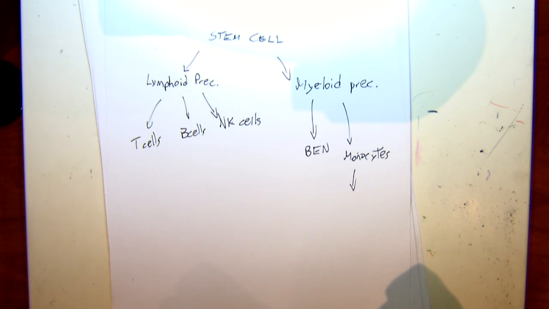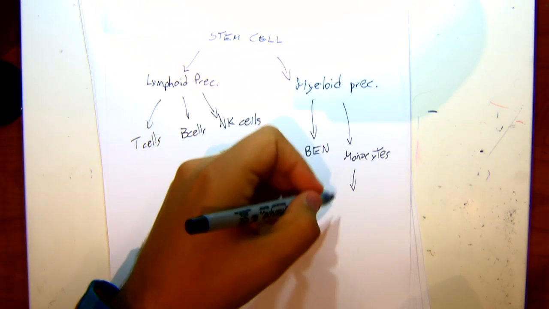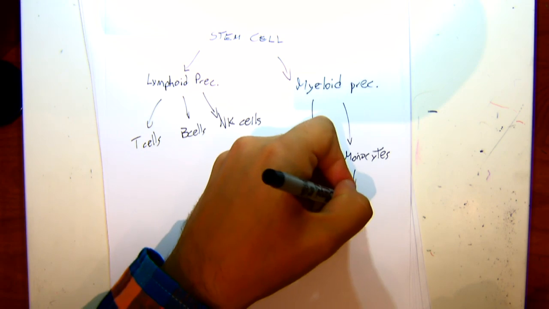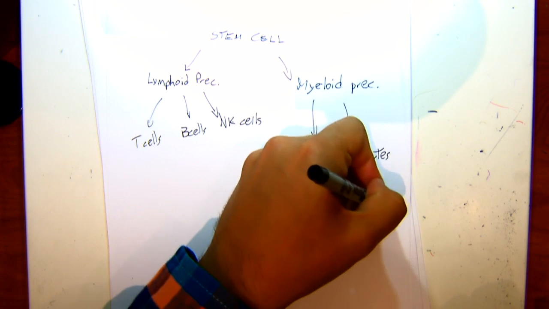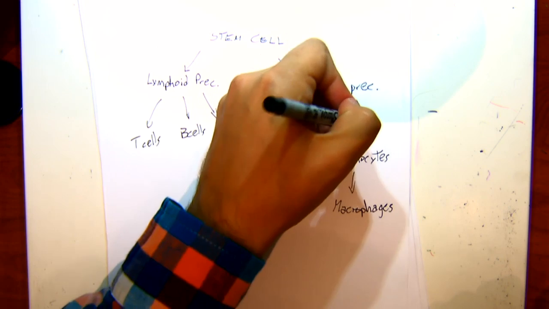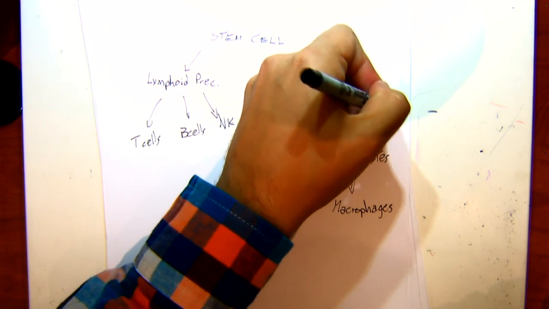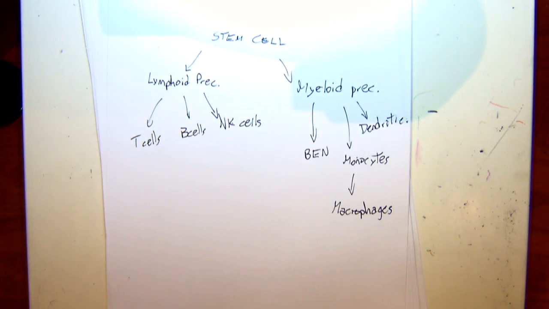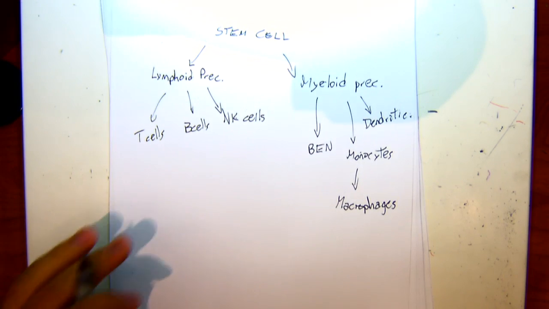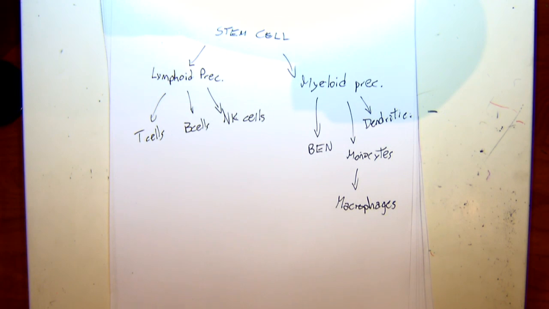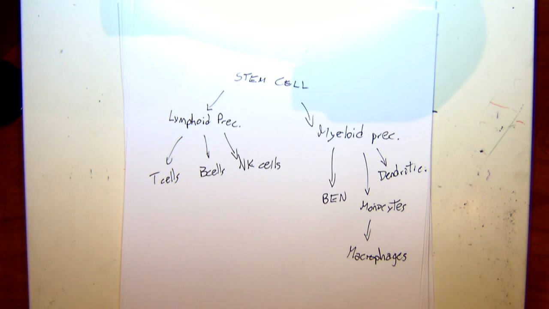Remember, dendritic cells went back to the lymph node, and then from Langerhans cells, they turn into mature dendritic cells with B7, MHC class II, and activated T cells. Remember? Okay. So then monocytes, macrophages, and we also had dendritic cells. Cool. Awesome. Can you see well? There you go. All right.